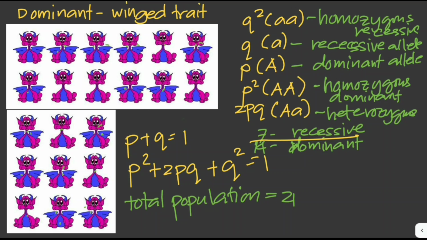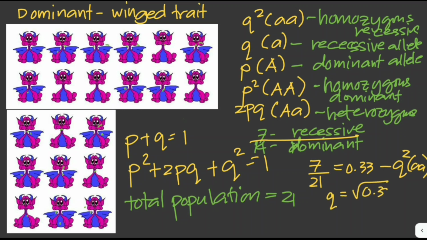So that would be 7 over 21, which is equal to 0.33. And this is our q squared or aa, the frequency of the homozygous recessive individuals. And now we can solve for q. So q is just the square root of 0.33, and that is equal to 0.58.